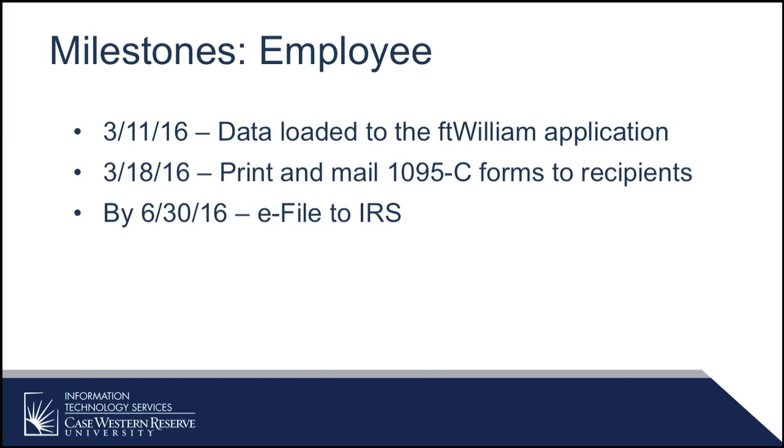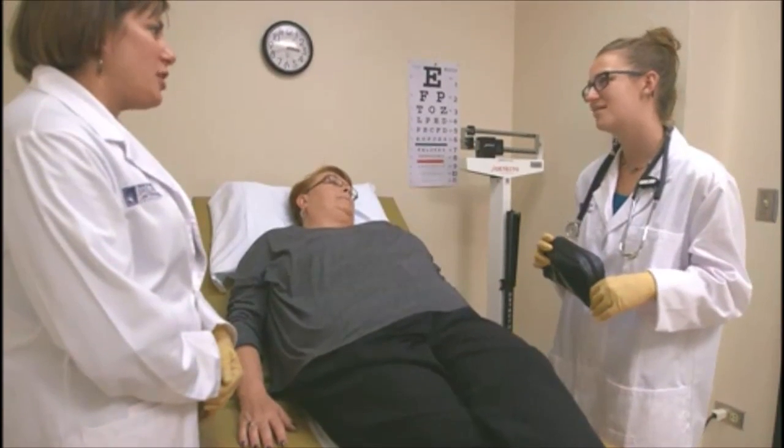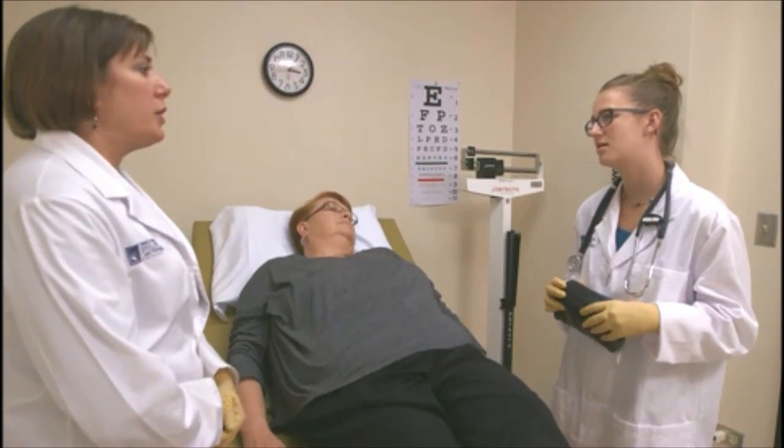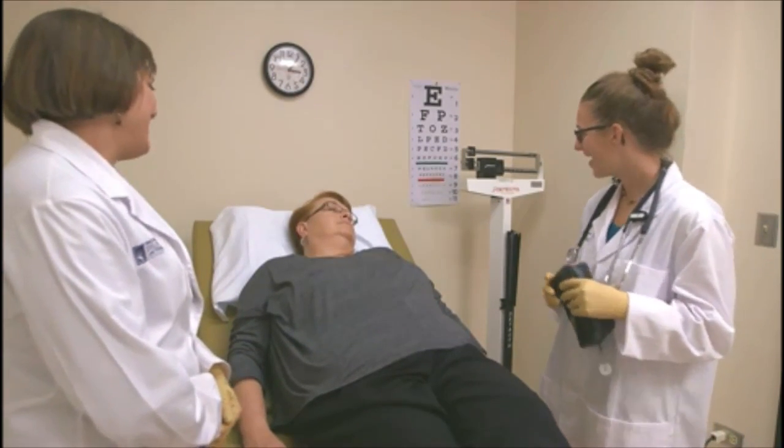What we'll be doing over the next several weeks is preparing to file this information to the IRS by the end of June. So we're starting discussions right now on when we want to actually prepare and e-file that to the Internal Revenue Service. But we are moving on through this project on schedule and in accordance to meet the necessary timelines.